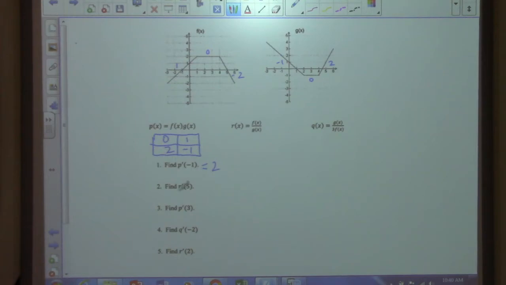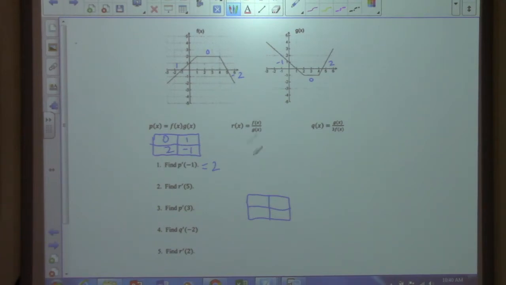And then since we're on p, I'm going to go down to 3. So I'm going to mark this little box over here for problem 3. So p prime of 3 is, what did you get for 3? Look at 3.